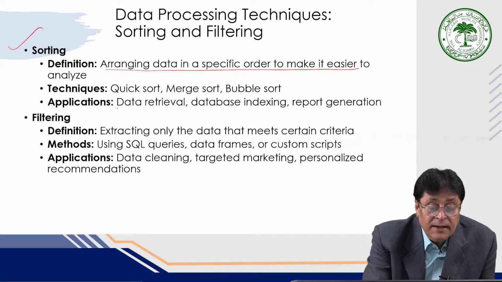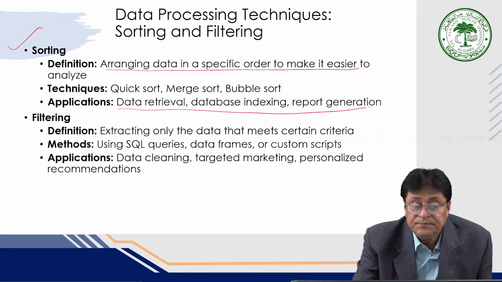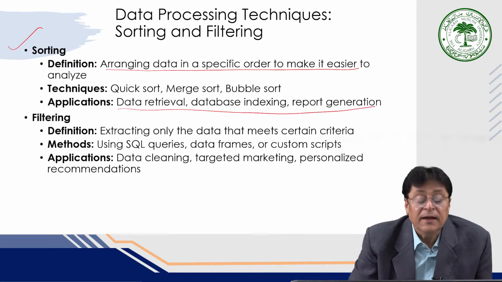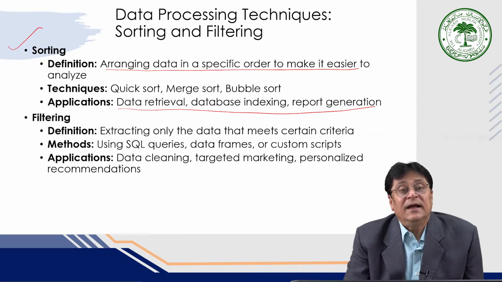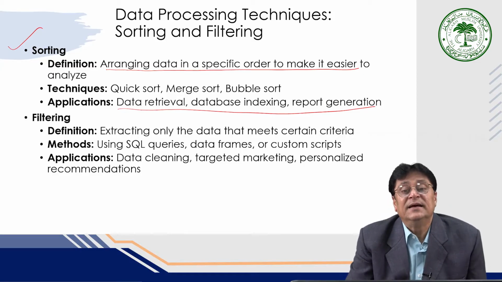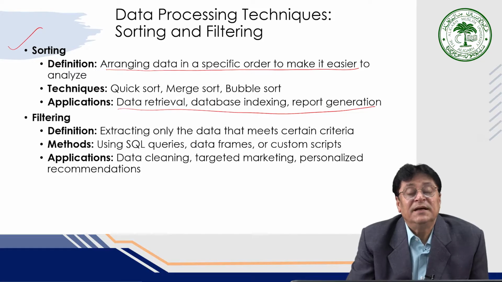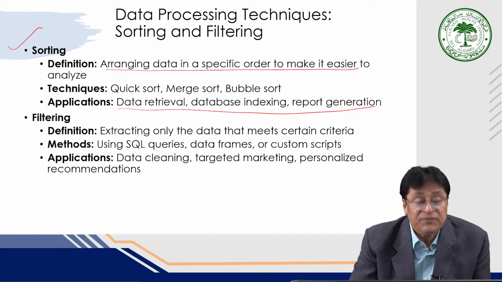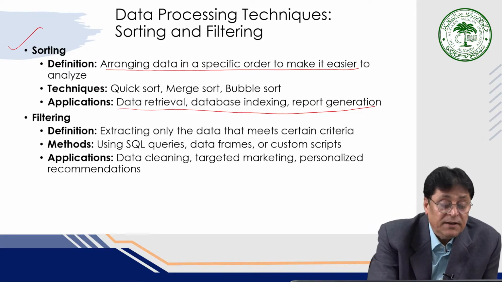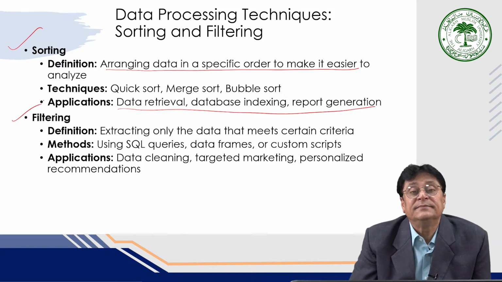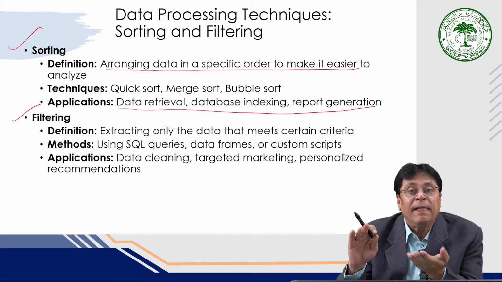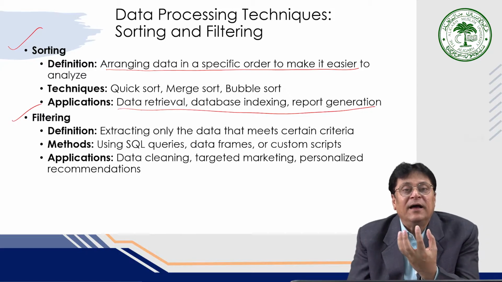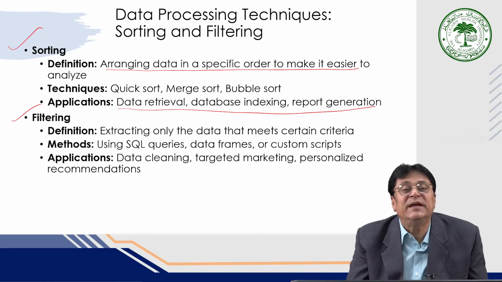And what is the application of sorting? It makes data retrieval easier, database indexing, report generation. These are the common application of sorting function. Next is filtering. Filtering means we remove the impurity and we store the required ones.